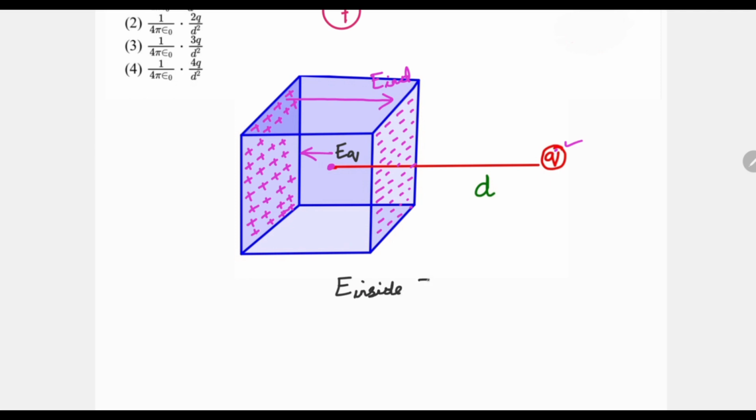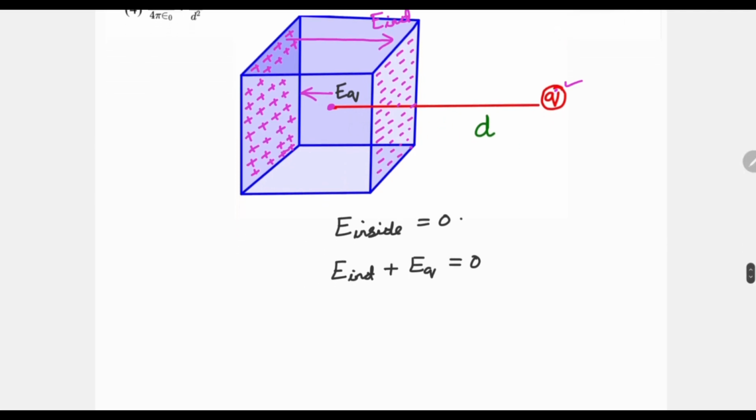So E inside equals 0. Now what is E inside? E inside is E induced plus EQ, which is equal to 0, because these two electric fields are now existing inside the cube. Both of them should cancel each other. E induced plus EQ equals 0.